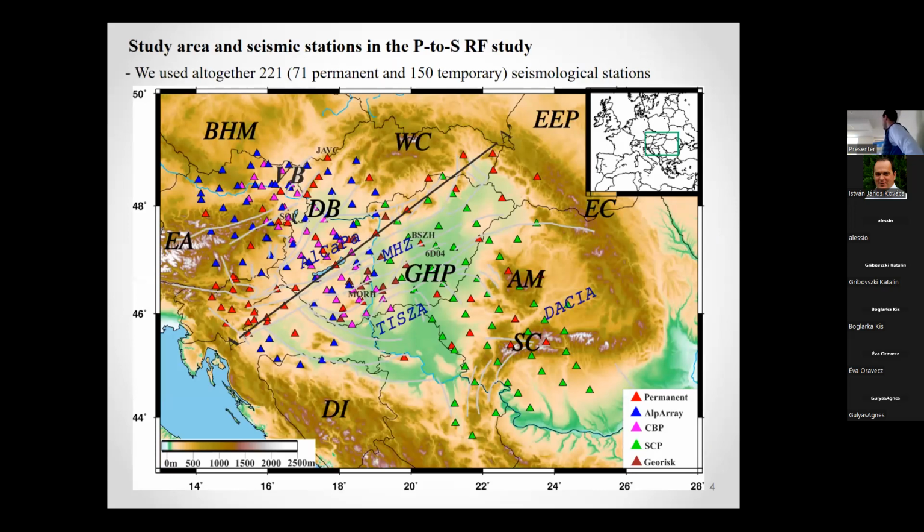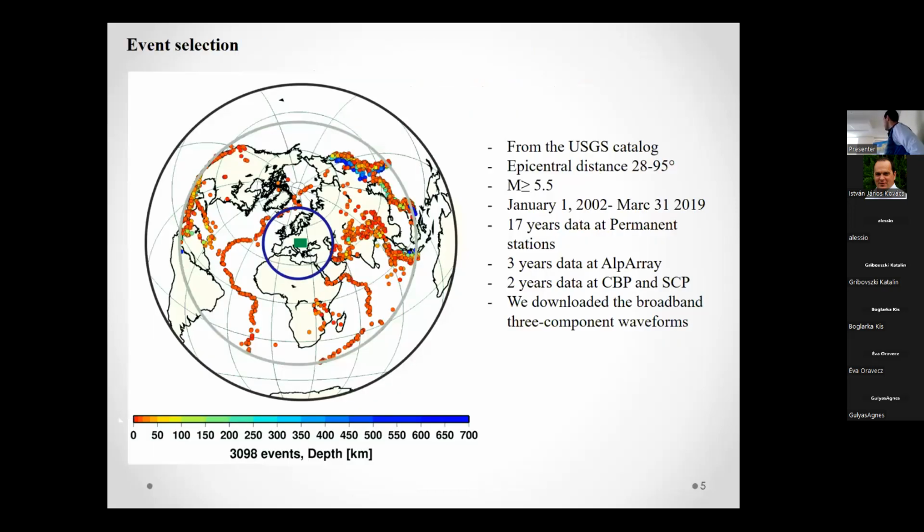In the P2S receiver function case, we use 2021 seismological stations. We use permanent stations in Hungary and neighboring countries, and of course we use some temporary projects here: Carpathian Basin Project stations, South Carpathian Project stations, and of course the Alpine stations. For the receiver function analysis, we use teleseismic earthquakes.